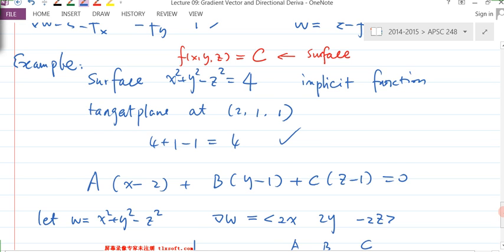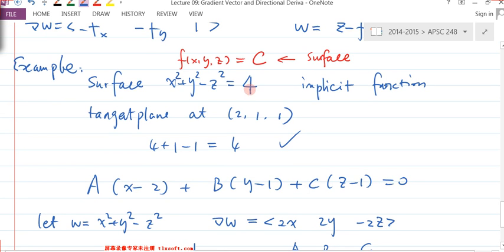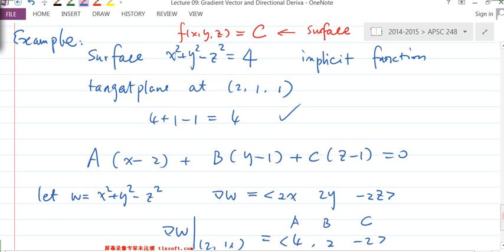The question should actually be twofold. In terms of calculating del W, it won't make any difference, because this is a constant. More precisely, when I define W, I should define it as this, minus 4. When you calculate del W, the minus 4 is a constant, so that doesn't make any difference at all.